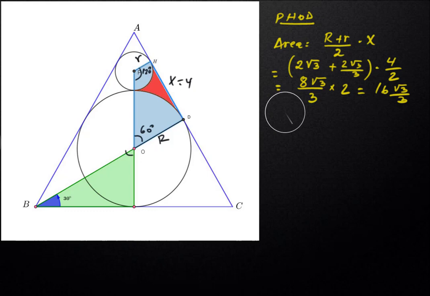So the first one, for the big one, we have 60 degrees over 360 times the big radius squared times pi, plus the small one will be 120 over 360 times the small radius squared times pi.